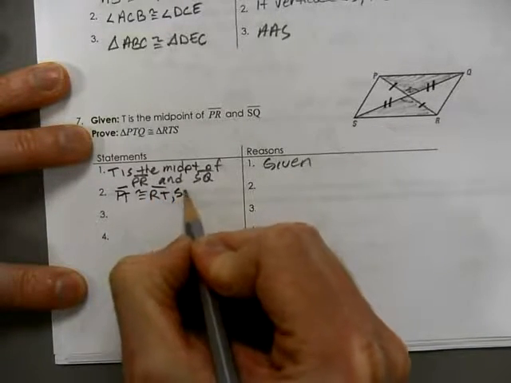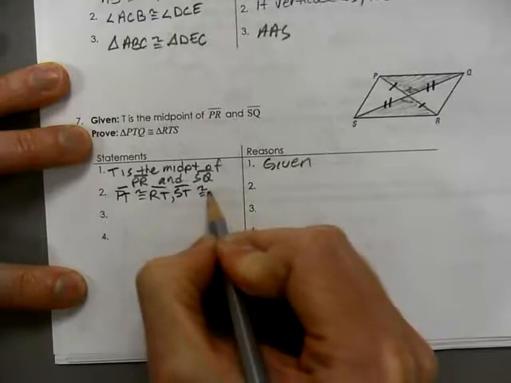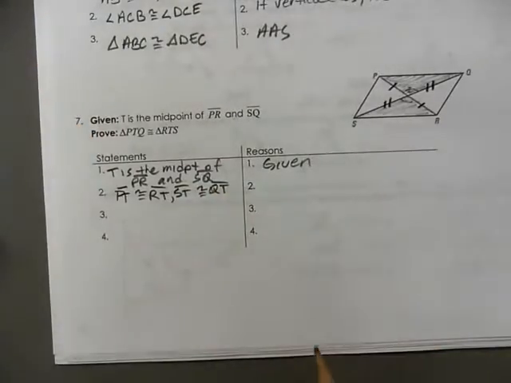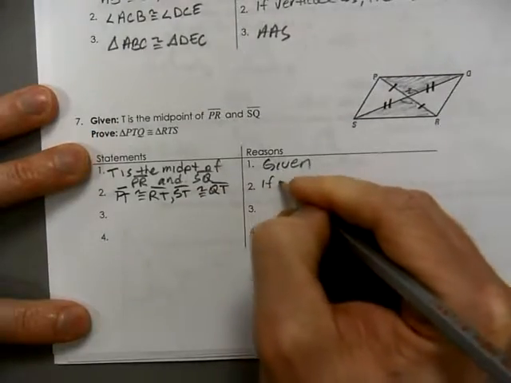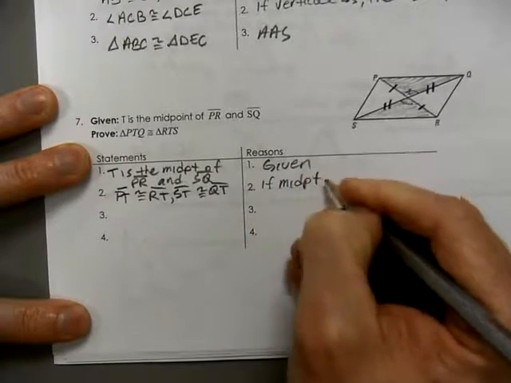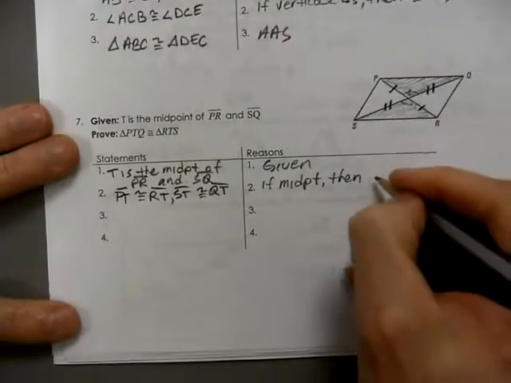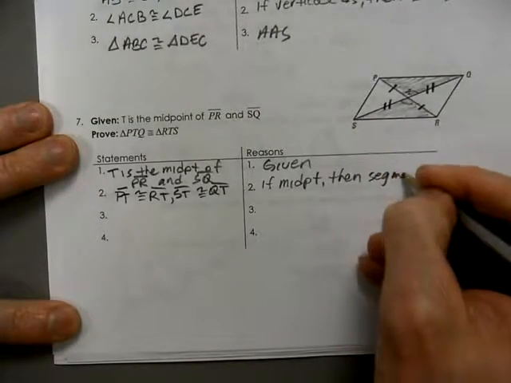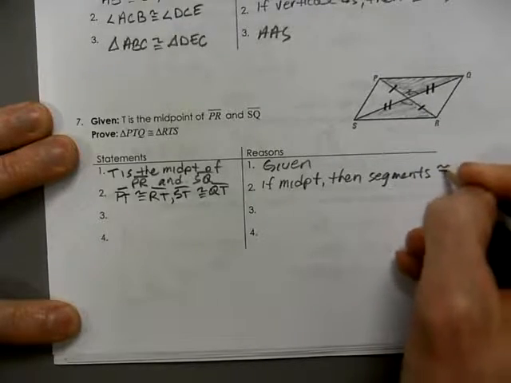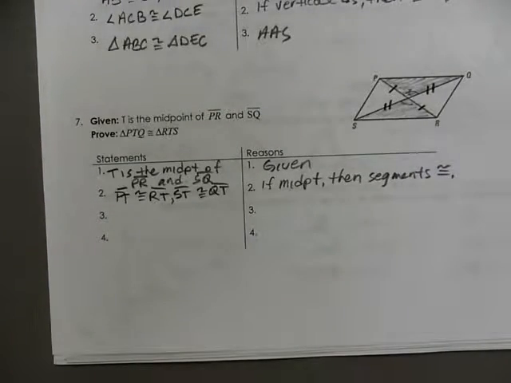It also gave us that ST was congruent to QT. If midpoint, then what can we say? Then segments congruent. Okay, so that got us some S's.